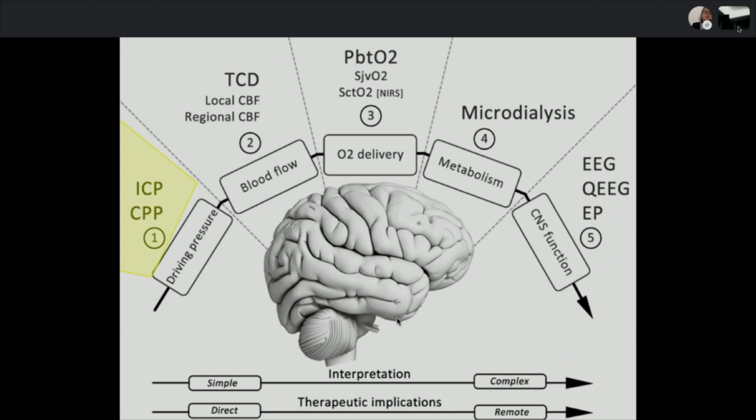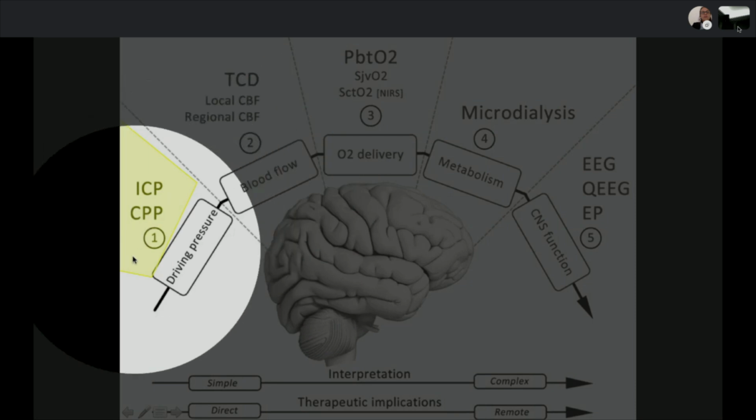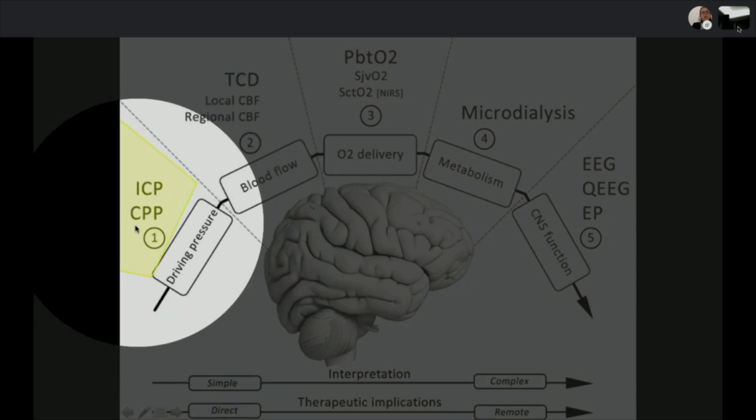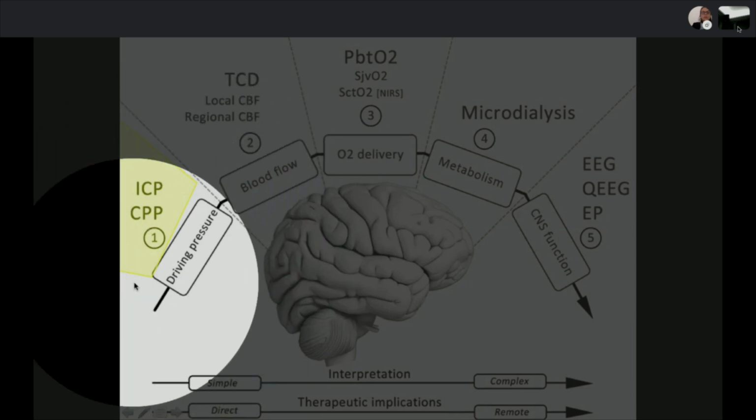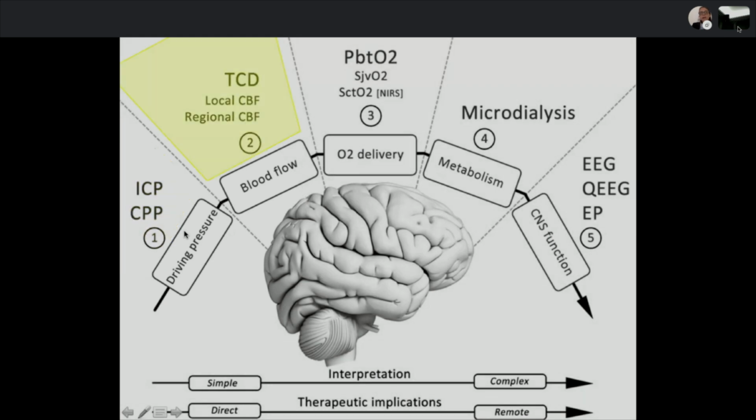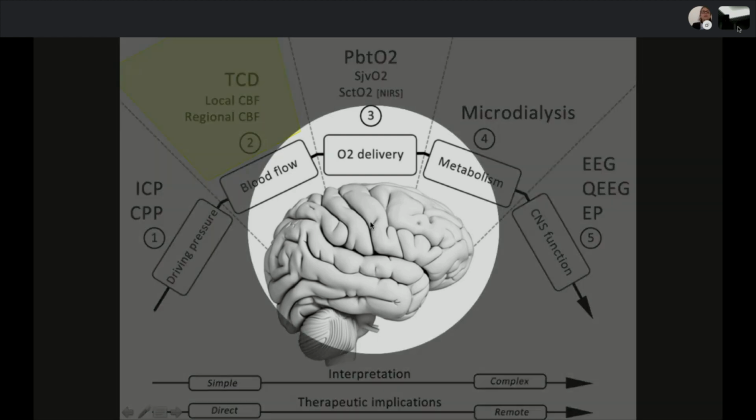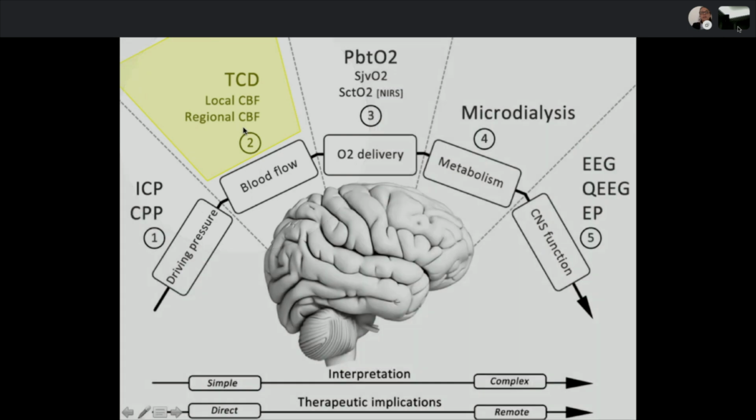We can monitor, for example, the intracranial pressure or the cerebral perfusion pressure, which basically are giving us an idea of the driving pressure of the blood, which is in the flow, which is delivered to the brain. We also have non-invasive methods, for example, the transcranial Doppler, which is an indirect measure of the cerebral blood flow, which is able actually to give us information about the local cerebral blood flow and the regional cerebral blood flow.